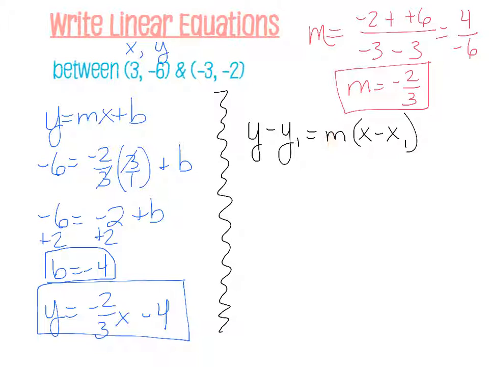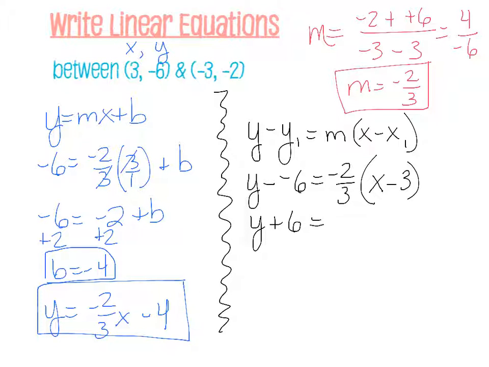I'm going to get rid of the m from here, and I'm going to leave the first y and x as a y and an x. You're going to change this to a y plus 6, and you're going to distribute your negative 2/3.